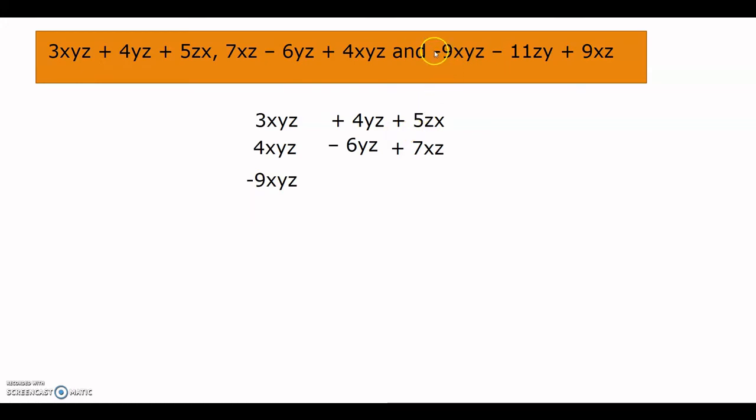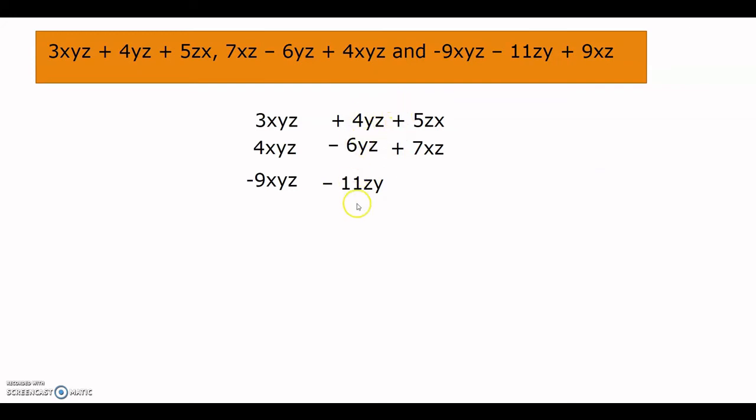And for our third set of trinomials, we have negative 9xyz. Don't forget the sign before the coefficient because this is part of the term. So since here we have negative 9xyz, we will rewrite it here as negative 9xyz. Next, we have negative 11zy.